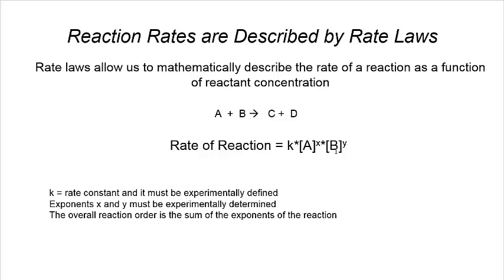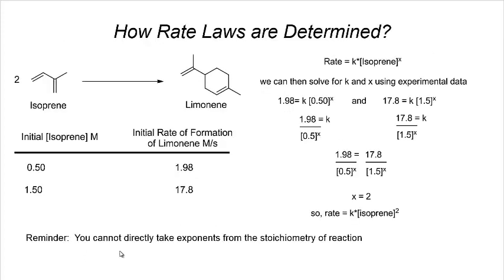And in this case, with an exponent of 2, we would say that the reaction is second order with respect to B. The overall reaction order is simply the sum of all of your exponents in the reaction. So if x were to equal 1 and y were to equal 2, the overall order of the reaction would be 3. Okay, so how exactly are rate laws determined?